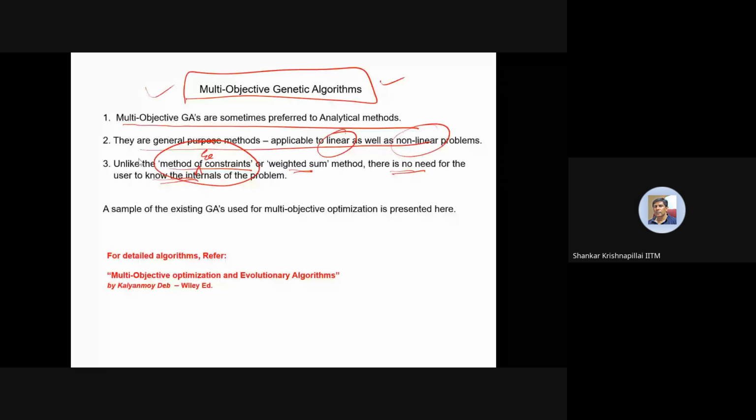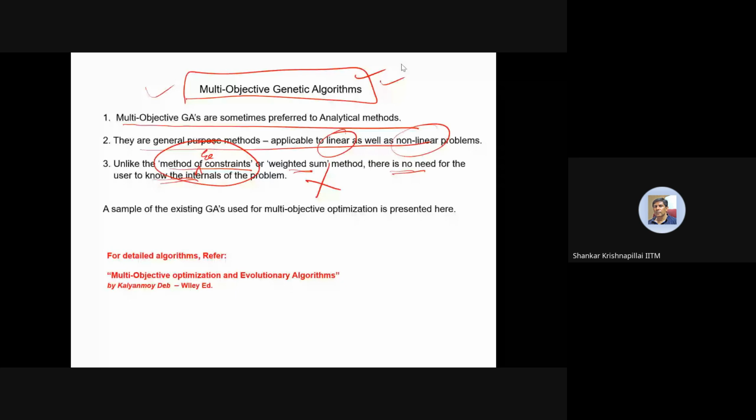So you have to know the internals of the problem: the feasible region, the minimum value of F2, the maximum value of F2, and then divide it into equal gaps or different values of epsilon. That requires some human intervention. All these things are not required in the genetic algorithm. It is like a black box. You just leave the problem to the genetic algorithm and it will slowly find the Pareto front after hundreds of iterations.